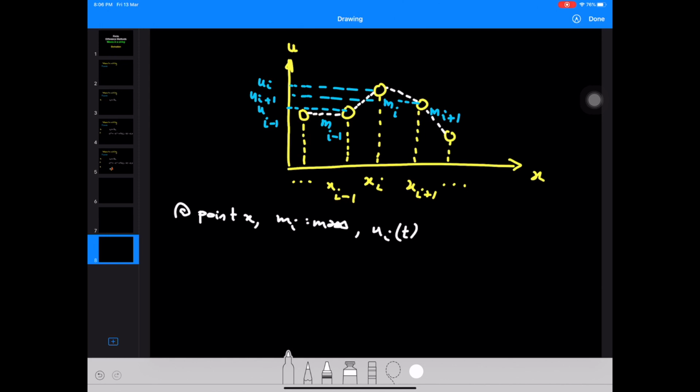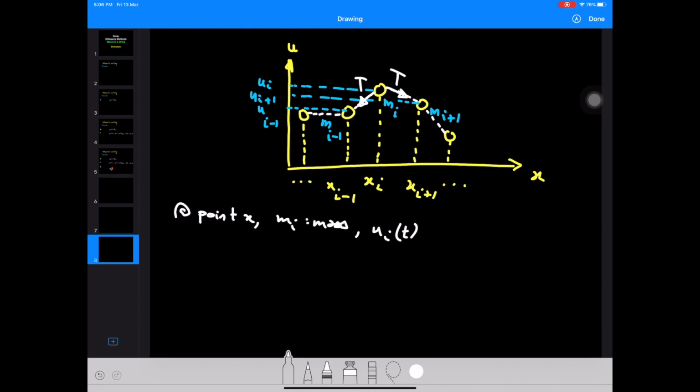Good. Now there is a tensile force, of course, between each point mass. So for example, we have here T and we have another T here. And this tensile force is constant, okay?